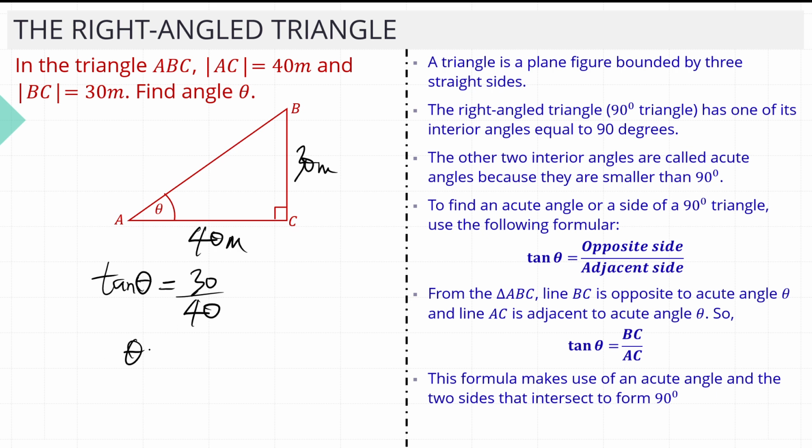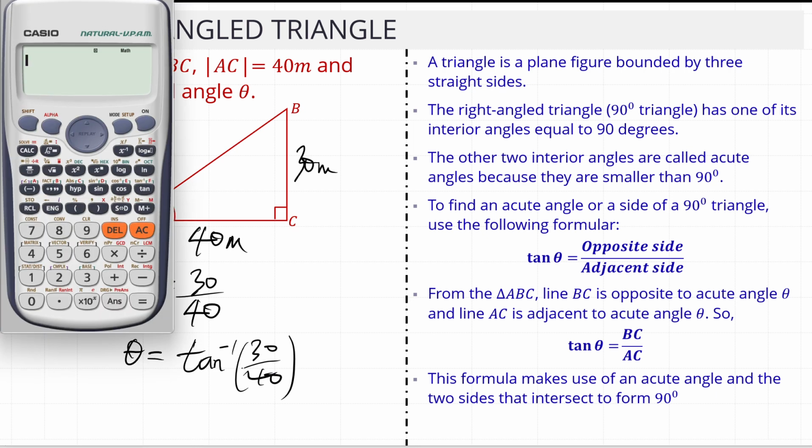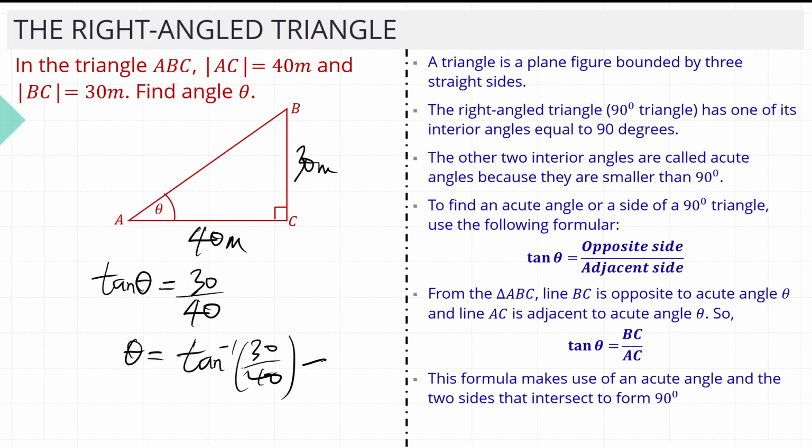Now we take tan inverse of both sides and we get theta equals tan inverse of 30 divided by 40. So we are done solving this one.